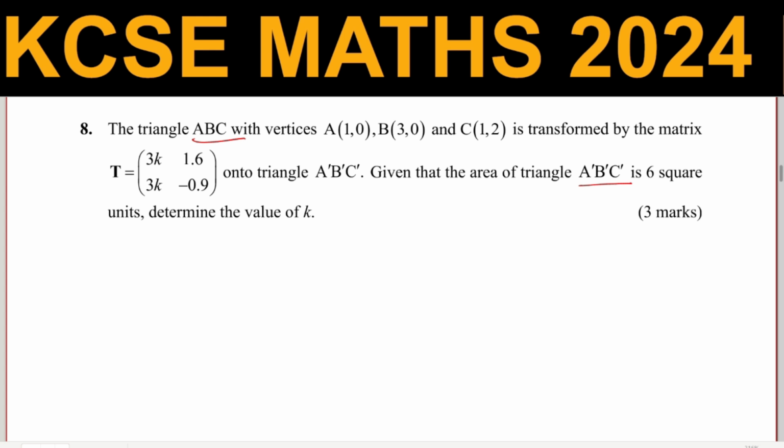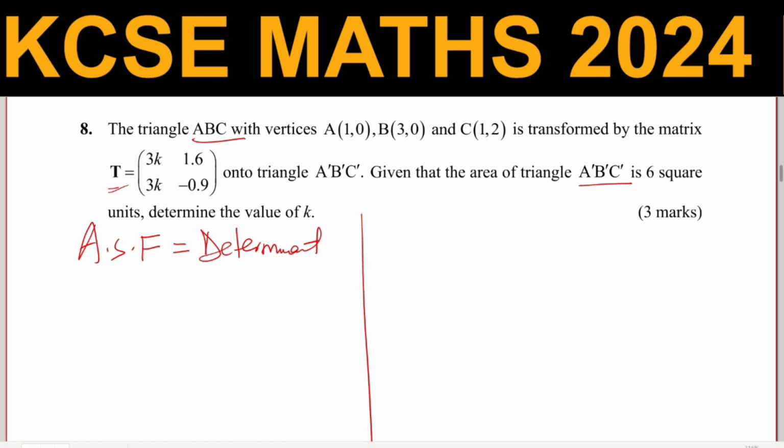So one particular concept that you're being tested here is whether you understand that the area scale factor is equivalent to the determinant of the matrix of transformation. In this case, the matrix of transformation is given here, that is T. How do you get the area scale factor?